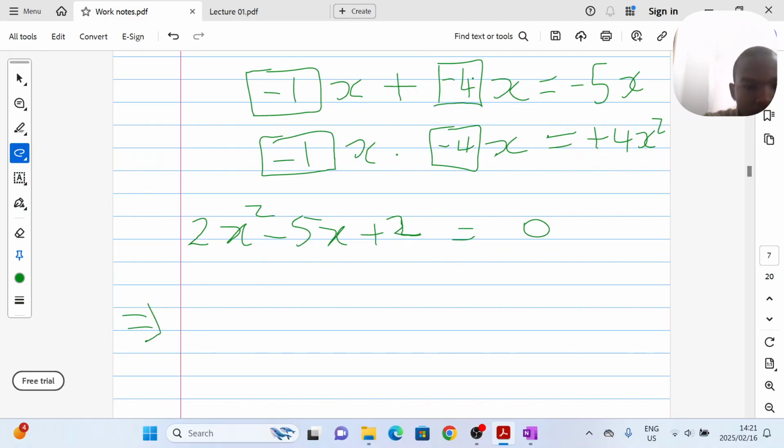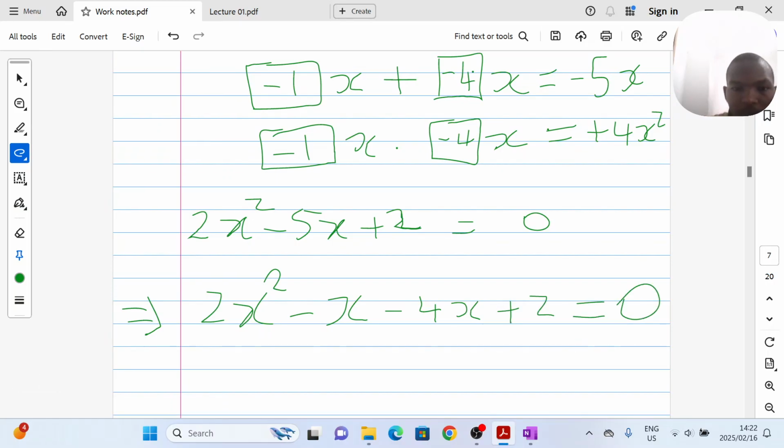This means that we're going to have 2x squared, instead of having this, we're going to have minus 1x minus 4x plus 2 is equal to 0.